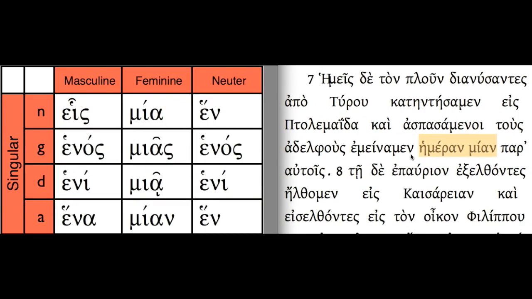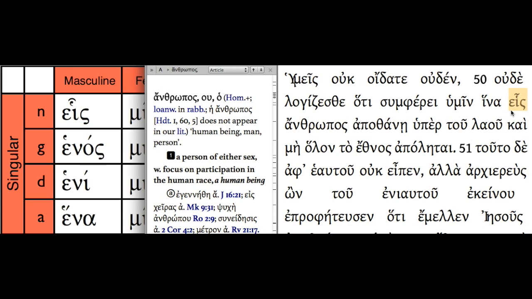Or check this one out. Here we have one day. Hemera, remember, was day, but in this case we have the nu, so we're looking at an accusative form, hemeran, mian. So it became feminine, it became accusative, and it stays singular because we're talking about one day. See, isn't this just awesome? Greek is so matchy-matchy. And I could wear you out all day with these, but just one more.